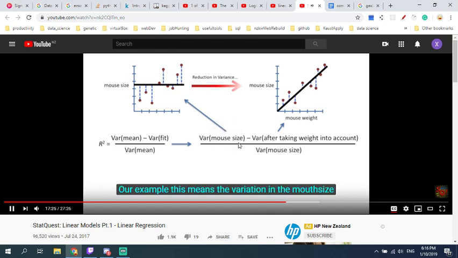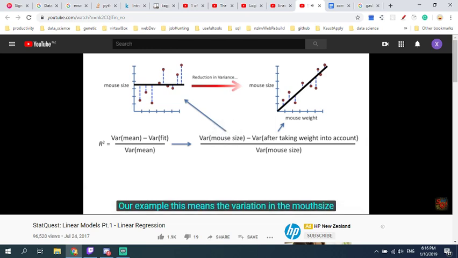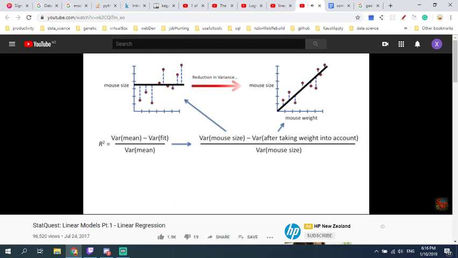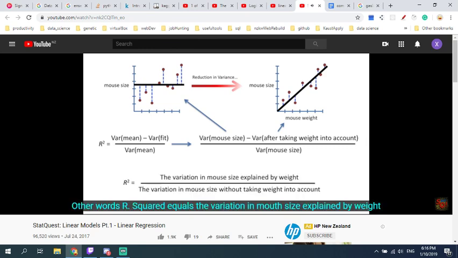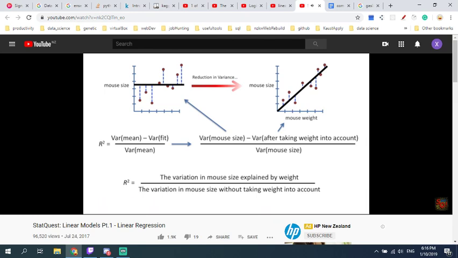In our example, this means the variation in the mouse size minus the variation after taking weight into account divided by the variation in mouse size. In other words, r squared equals the variation in mouse size explained by weight divided by the variation in mouse size without taking weight into account.